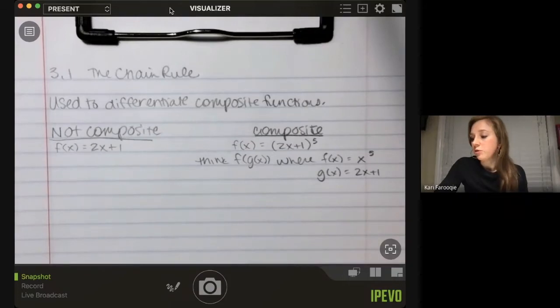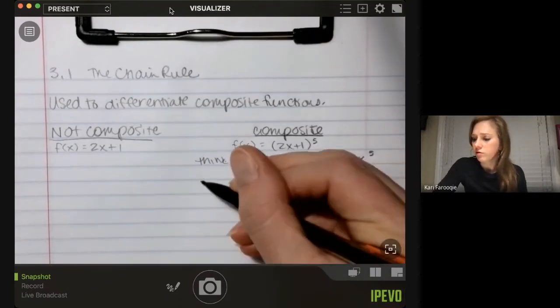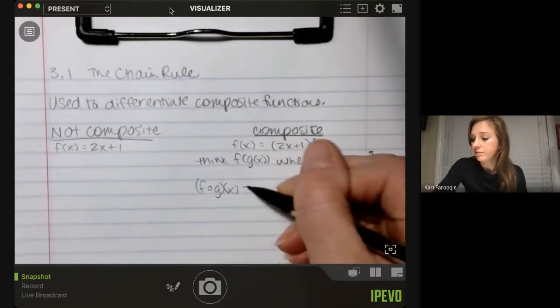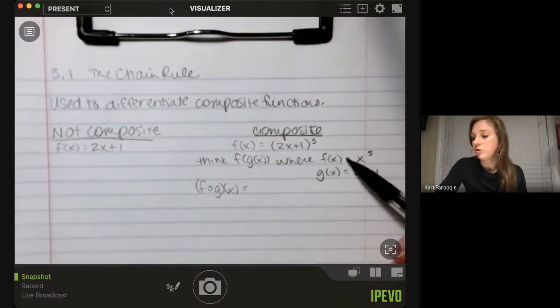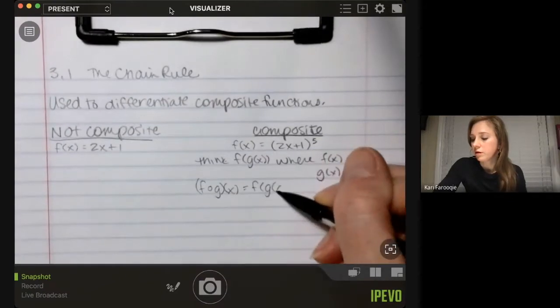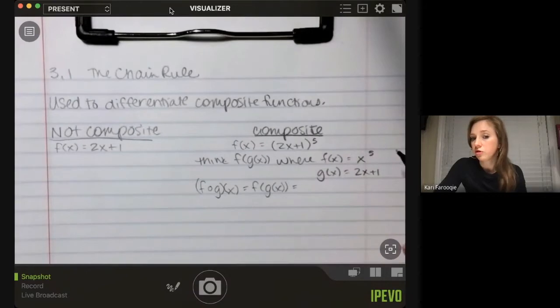So you were given, for instance, f and g, and you were asked to find f of g of x, and you also saw it as f of g. It looked like f circle g. But when you did that, you took your outside function f and your inside function as g of x.